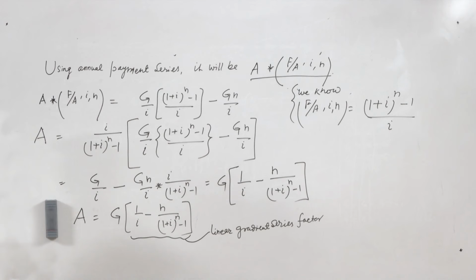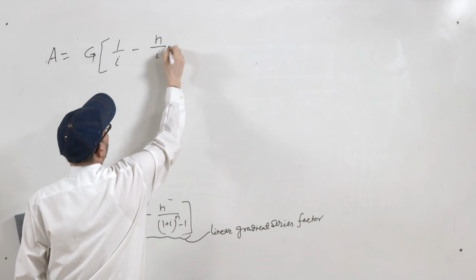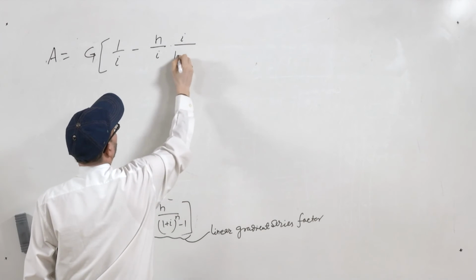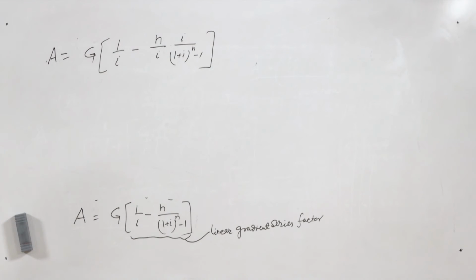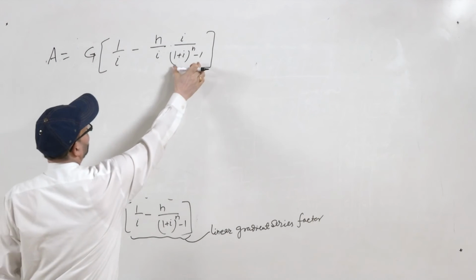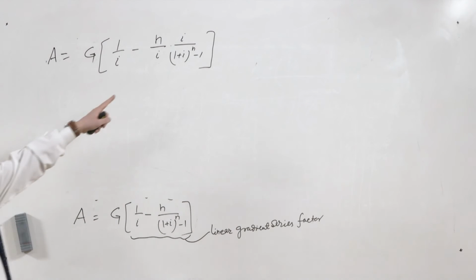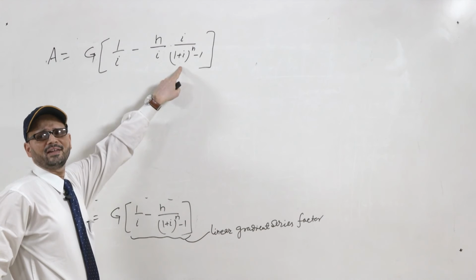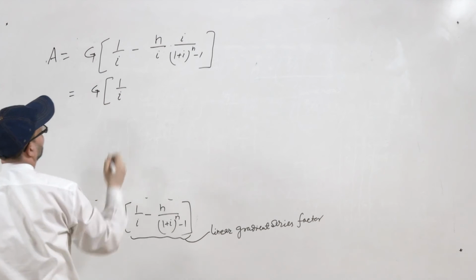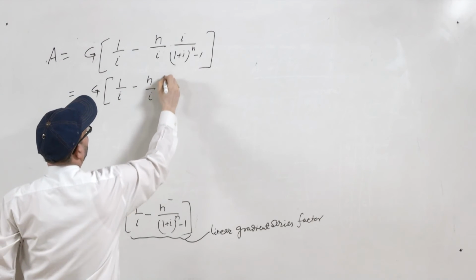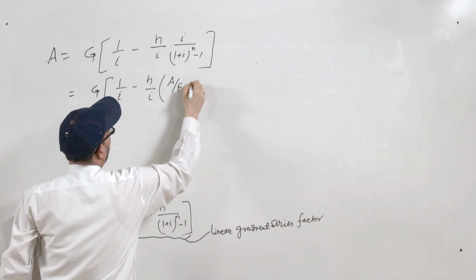The expression can further be written in other form. You can also write this expression what you have received, g times 1 by i minus n by i into i by 1 plus i to the n minus 1. And if we recall, this factor is nothing but A by F, i, n. So, you can write it as g times 1 by i minus n by i A by F i n.